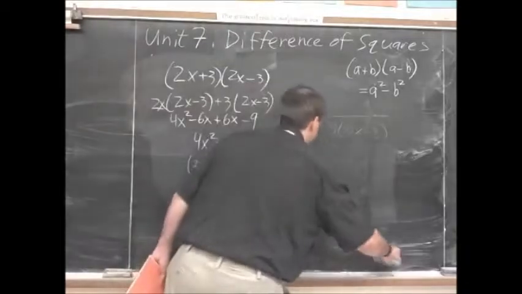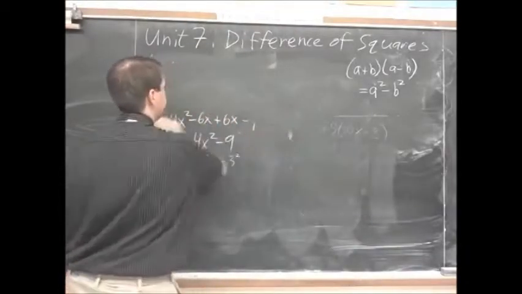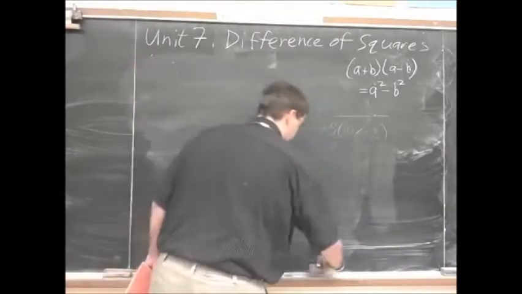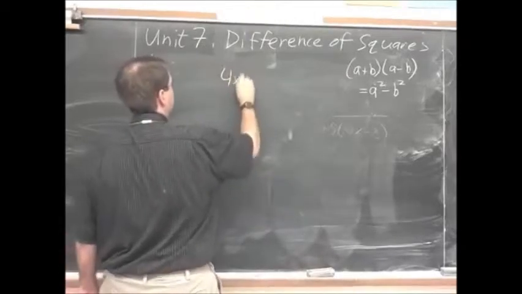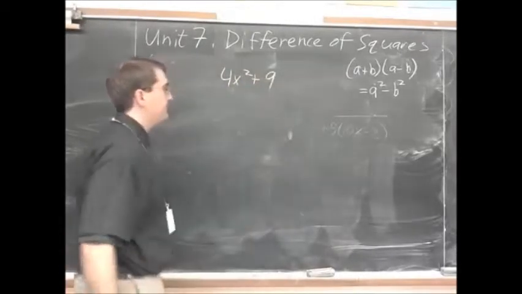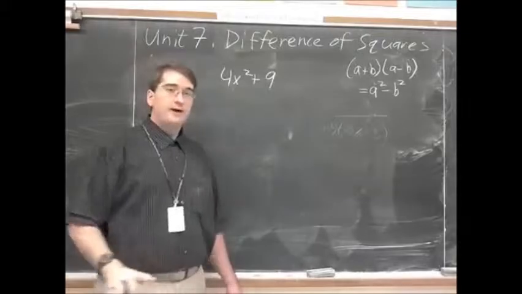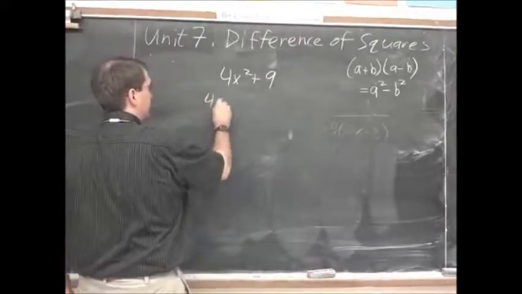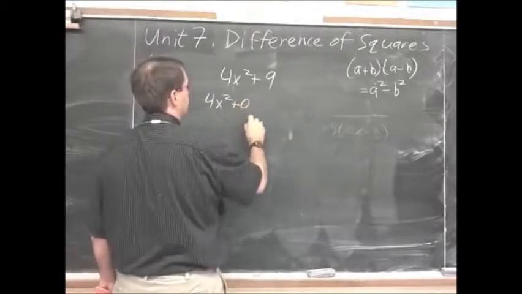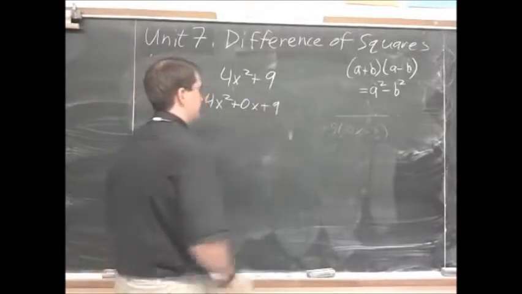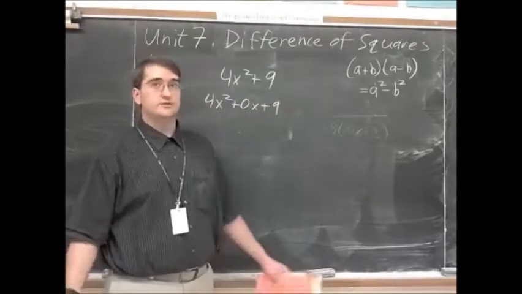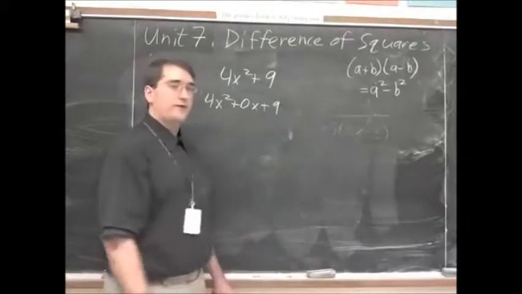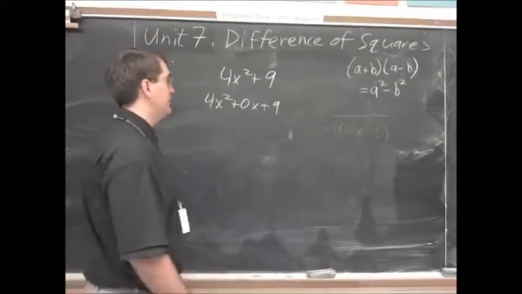I'll show you why. If I wanted to factor 4x squared plus 9, keep in mind that we can use splitting the middle on this, because after all, this is the same thing as saying 4x squared plus 0x plus 9. 0x is just 0, and so sticking a 0x in the middle doesn't actually change anything.